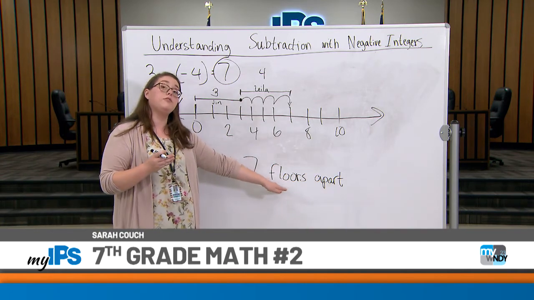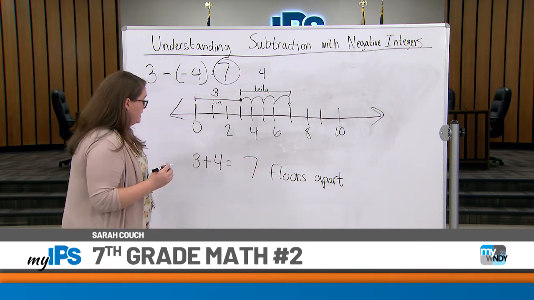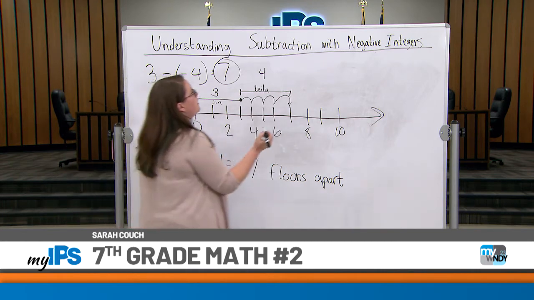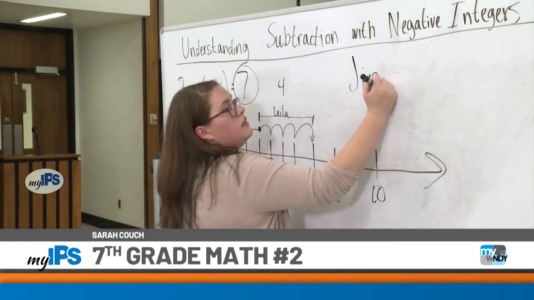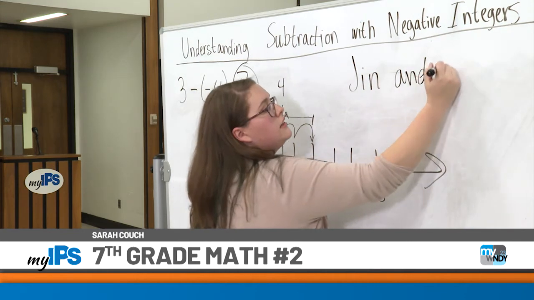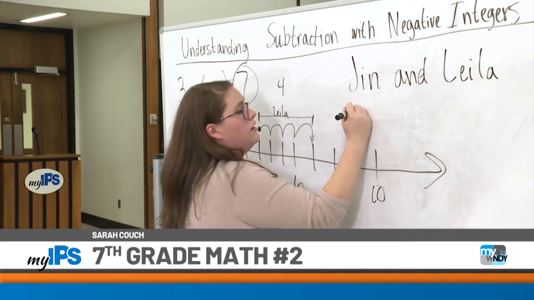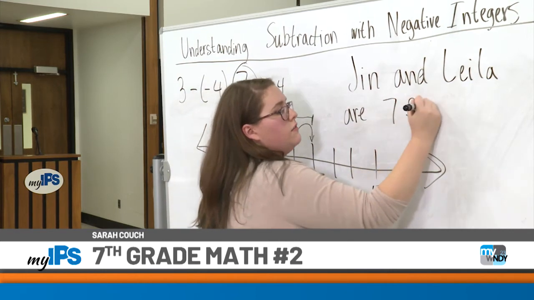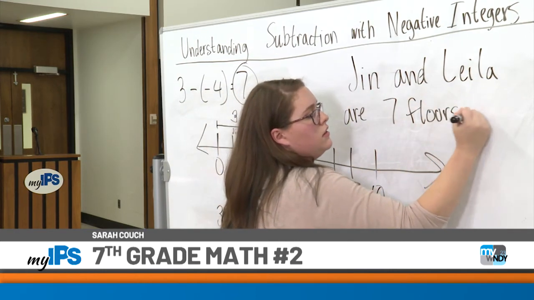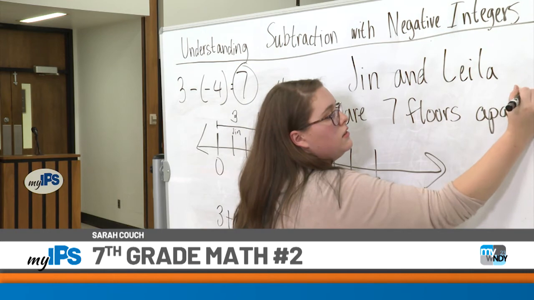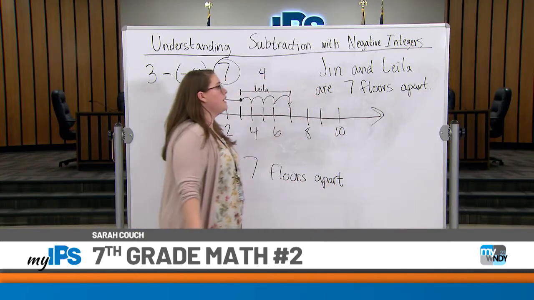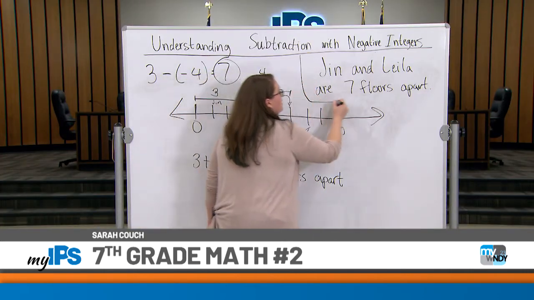We're talking about floors. So that means that, I'll write it up over here. Jen and Leela are 7 floors apart. And go ahead and take a moment to write that.